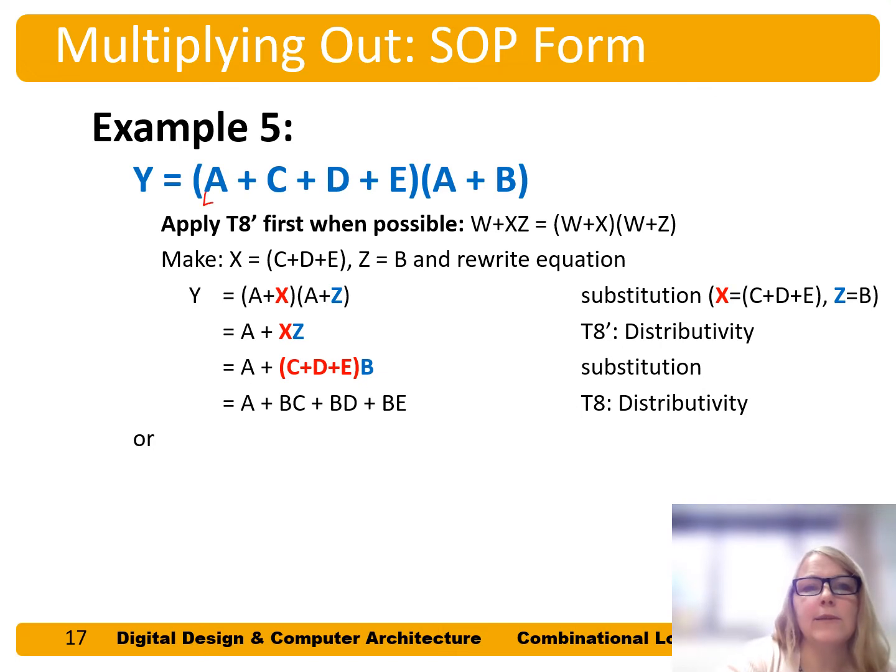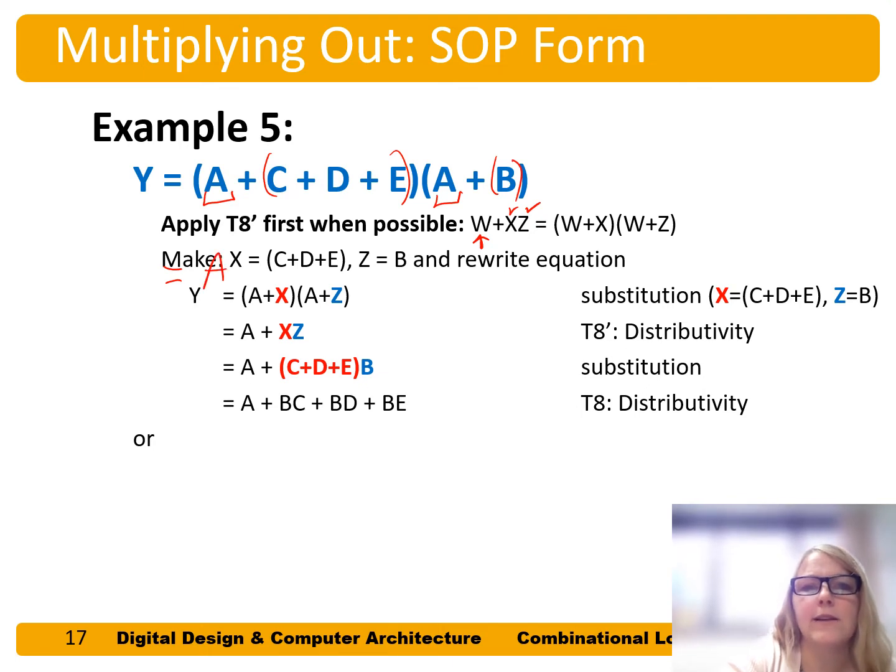And so we see the same term, A or something, and A or another term. Now at our next step we can say that's equal to A or those two terms ANDed together.